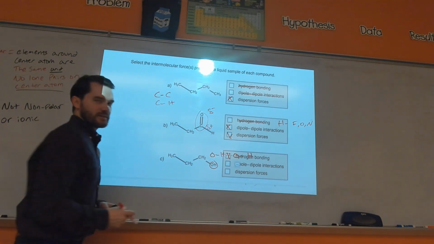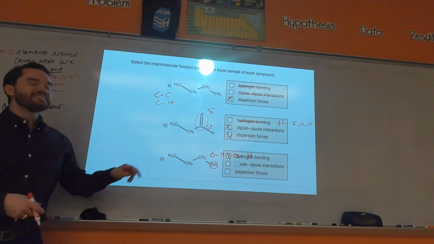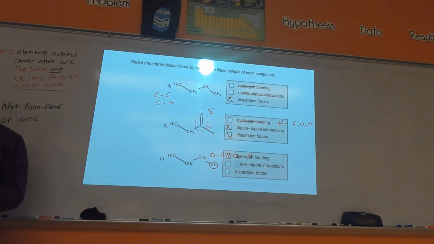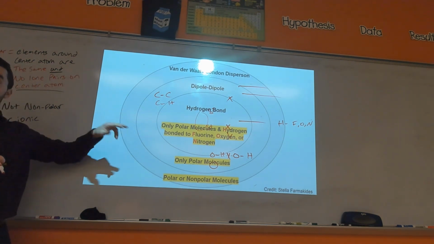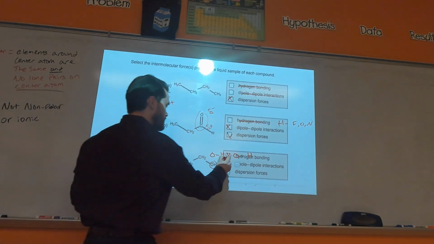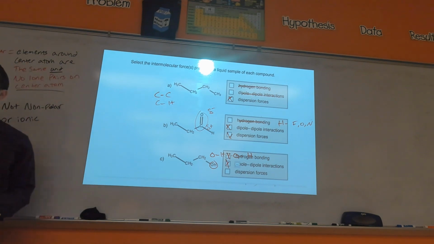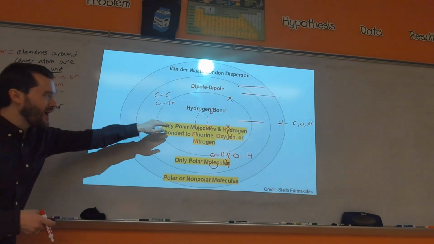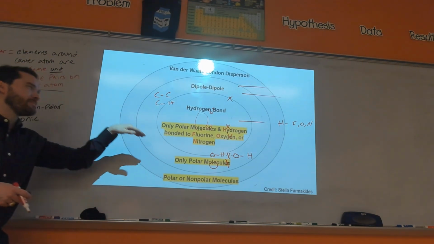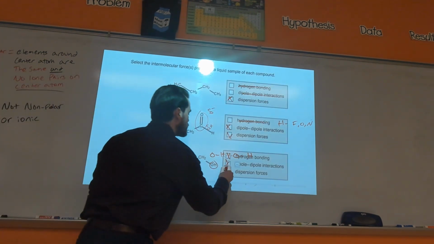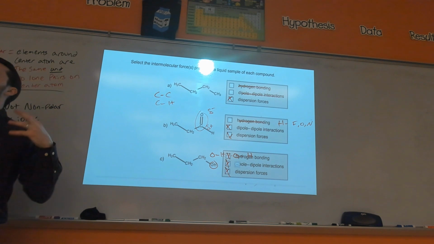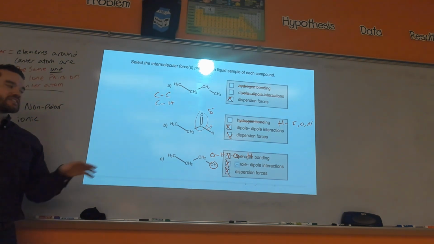Would there be dipole-dipole interactions? Yeah, if you go back to here, if you're hydrogen bonding, that is a form of dipole-dipole. So that's true. Would there be dispersion forces? Yes, again, if you show hydrogen bonding, you also show dipole-dipole. You will also show van der Waals forces. But again, those dispersion forces aren't as relevant. They're not as strong compared to the hydrogen bonding.